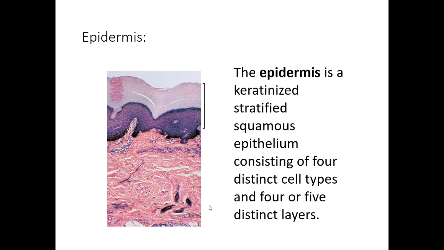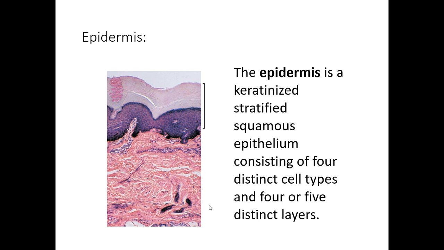So here we have the epidermis. The epidermis is a keratinized, stratified squamous epithelium consisting of 4 distinct cell types, and then 4 or 5 distinct layers. So when we first discussed epithelial tissues in chapter 4, we talked about how those different types of tissues are named and the information that's provided from that name.